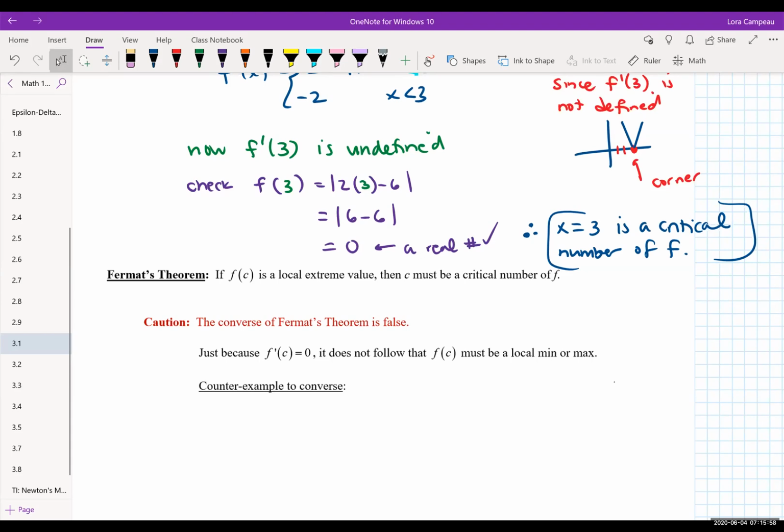And it kind of makes sense: if you take a picture and you're looking at your function and you're noticing, oh, I have a max, I have a min, then yeah, there is a critical number happening.